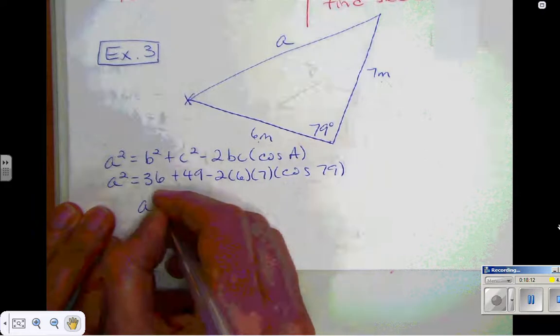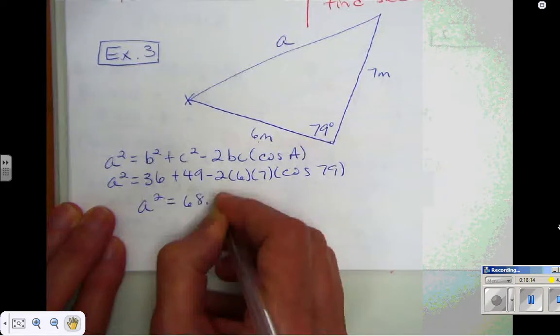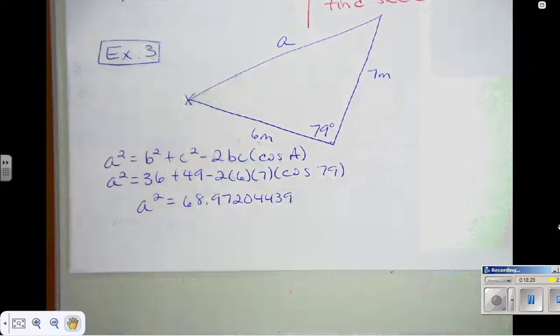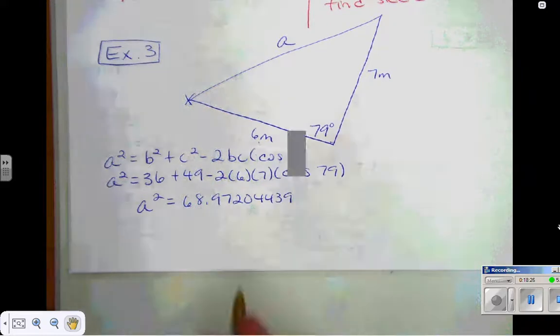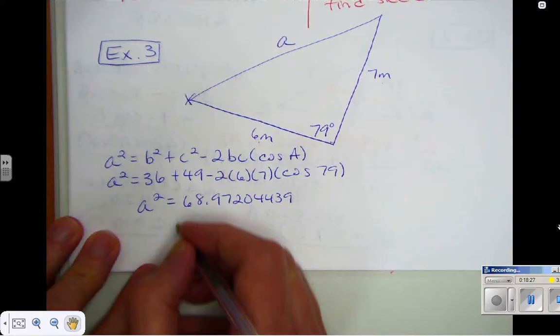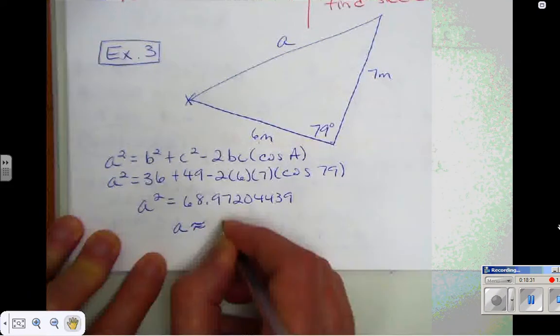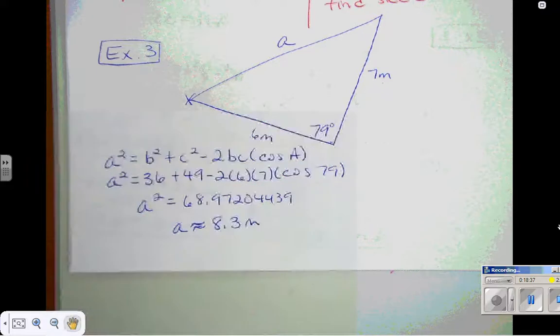I'm getting A squared is 68.97204439. And then when we take the square root of that, I'm getting that she is about 8.3 miles away from where she started. Is anybody getting anything different?